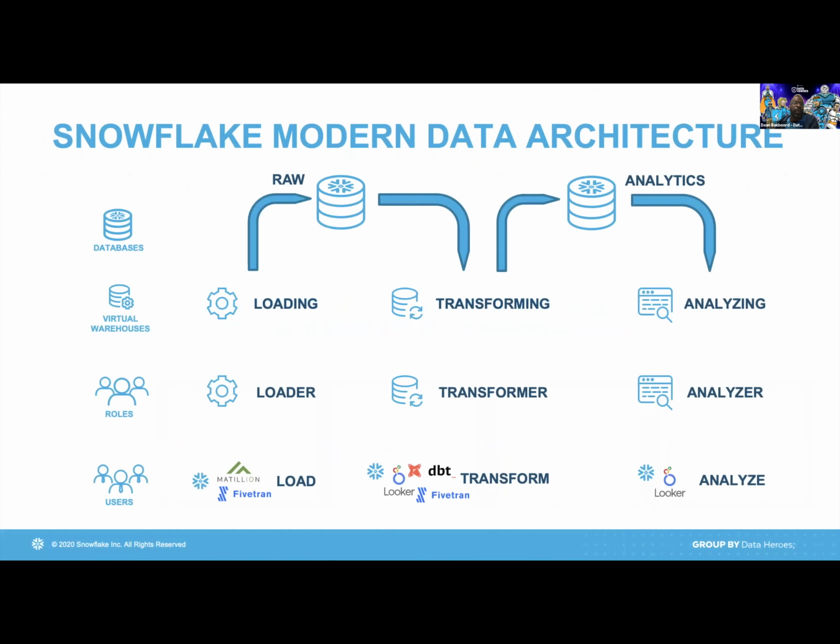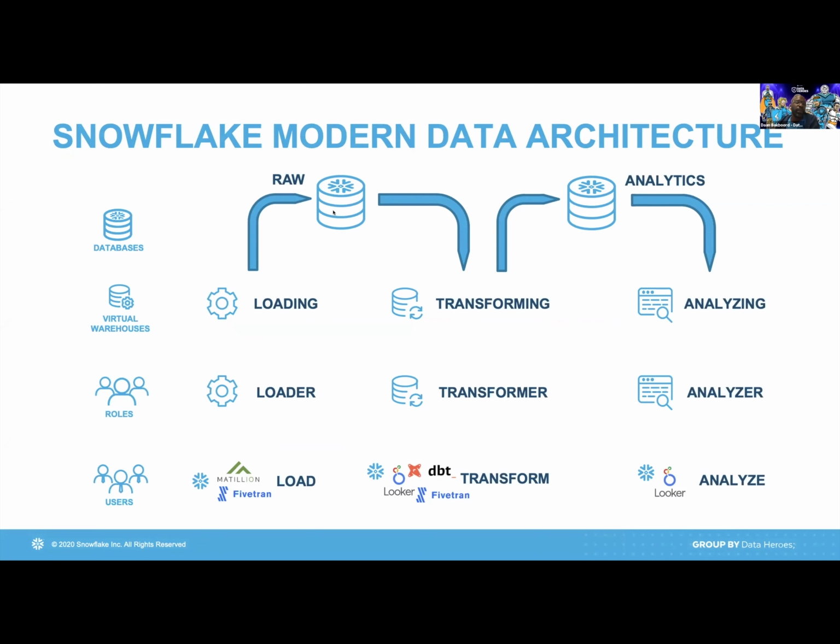So quickly, how to get started in this modern data architecture. What you need is a very simple architecture: a raw database to load the data, and another database, let's say the analytics database, where you can transform the data.